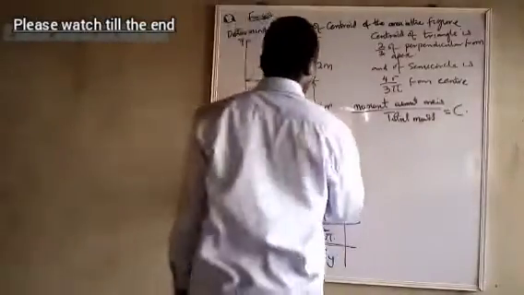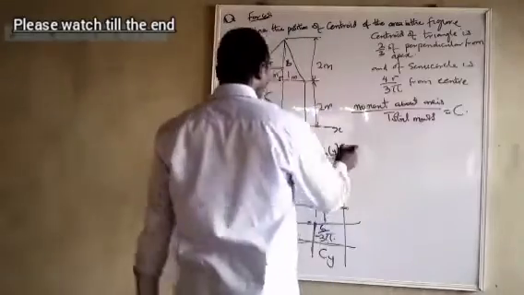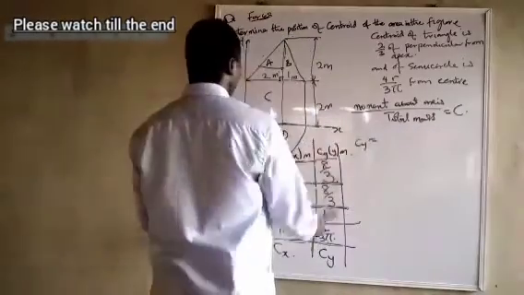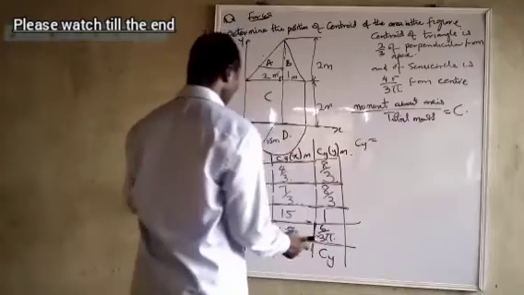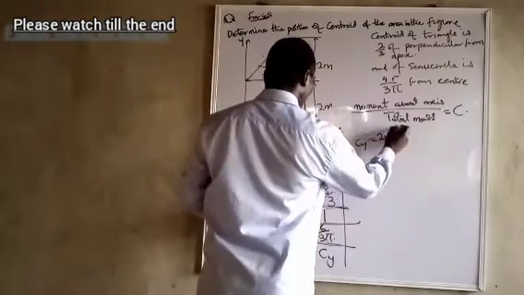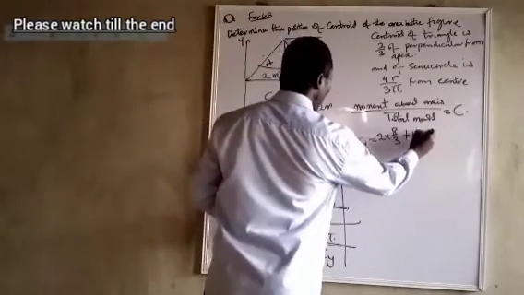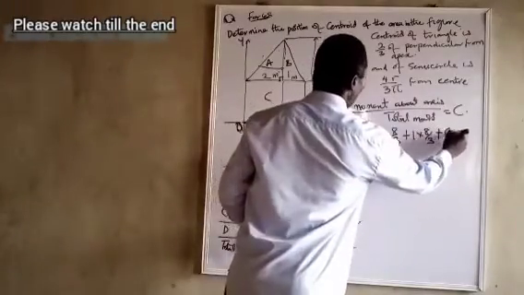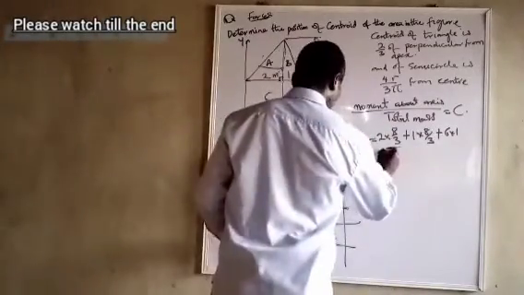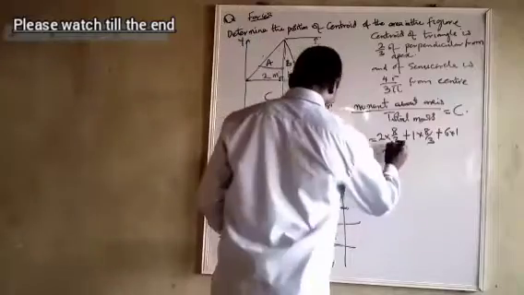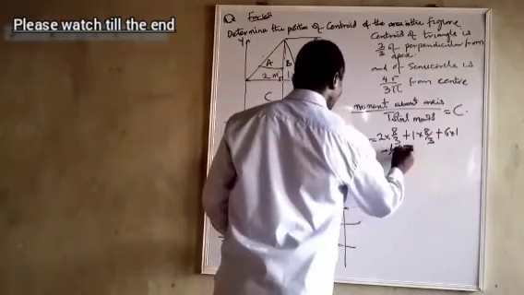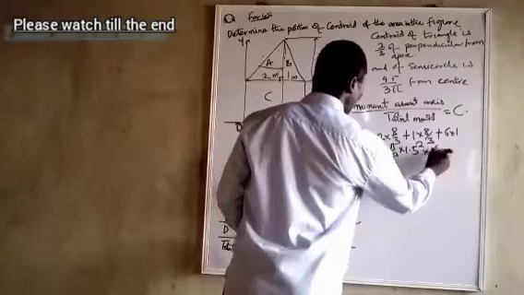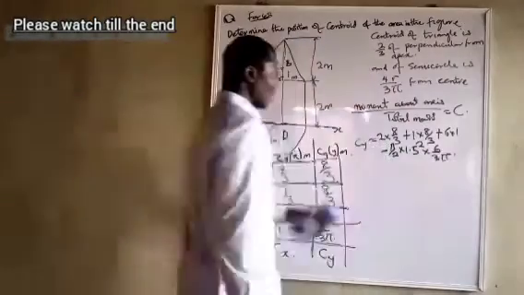Now let's find cy. So we have moment about x-axis now will be 2 times 8 over 3 plus 1 times 8 over 3 plus 6 times 1 minus half or pi over 2 times 1.5 squared times 4 times 1.5 over 3 pi. So that's why I get it.